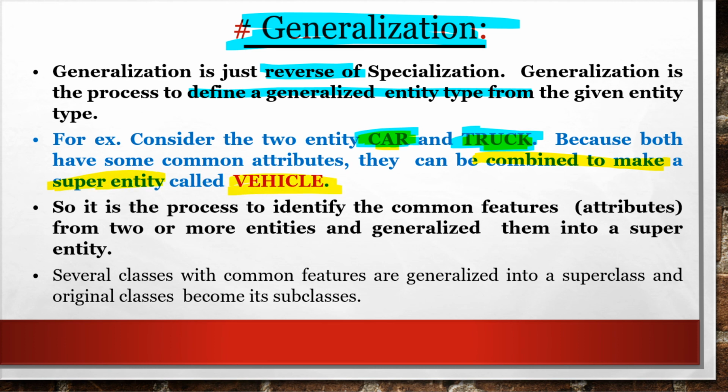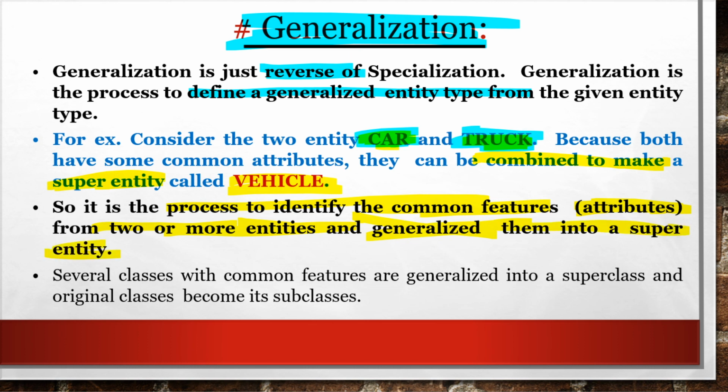Unlike in specialization where we were going from superclass to subclasses, here we are going from subclasses to a single superclass. So this concept is known as generalization. We can say that it is a process to identify the common attributes from two or more specialized entities and generalize them into a super entity.